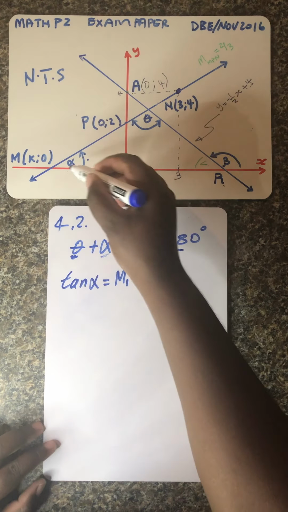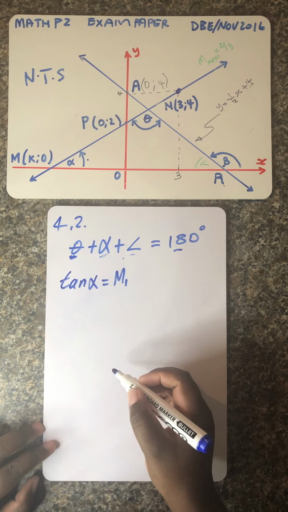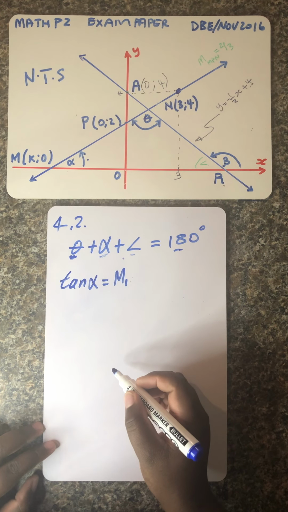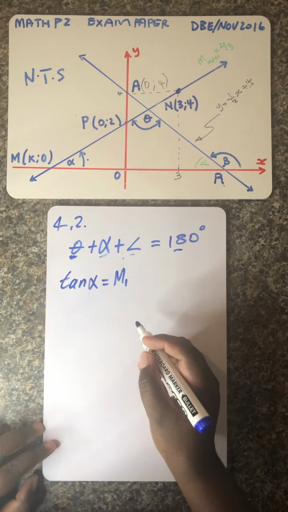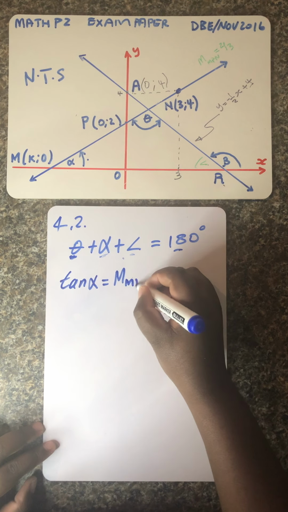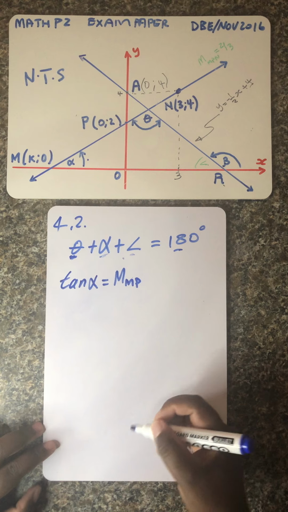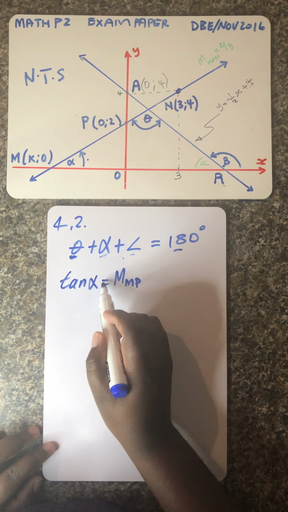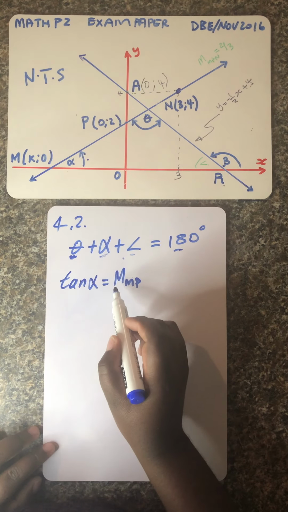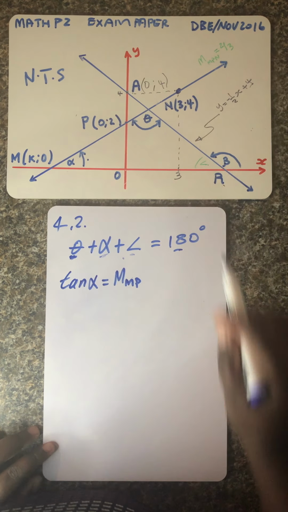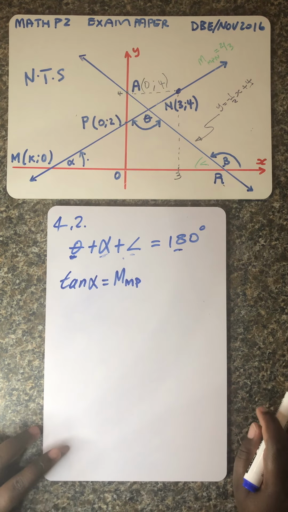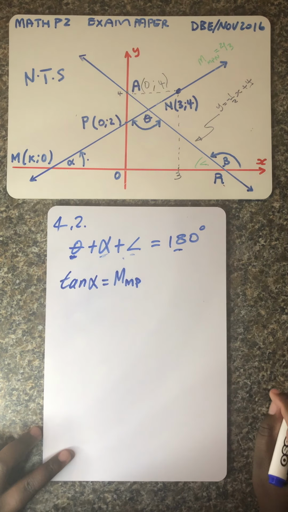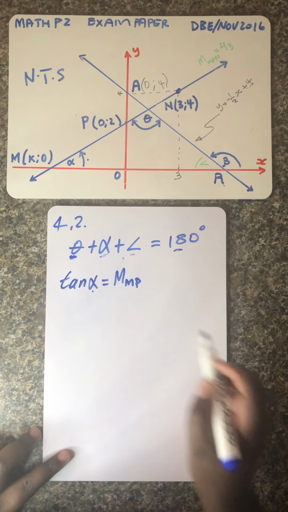Even if you say MN. For our calculations, let's just refer to that line as MP. So the tan of that angle is equal to the gradient of that line, and we make use of this formula to calculate that angle.